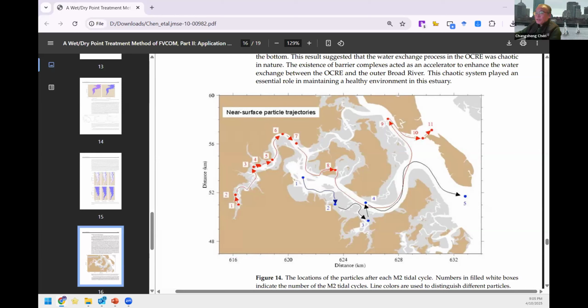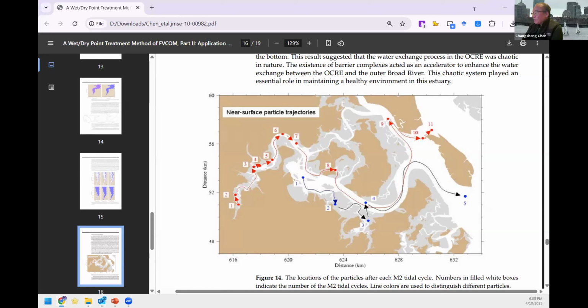The chaotic system played an essential role to maintain the healthy environment in the bay. Okay. Wonderful.